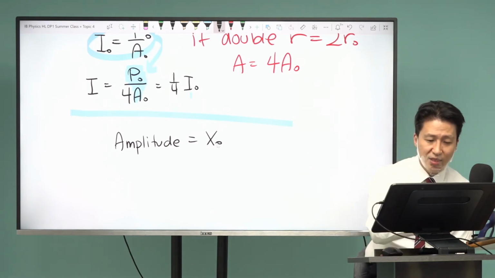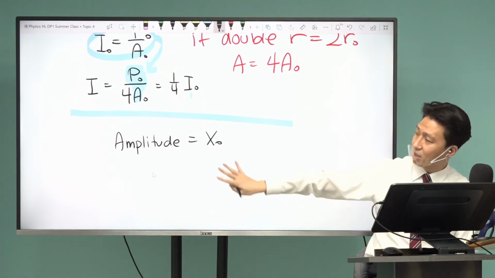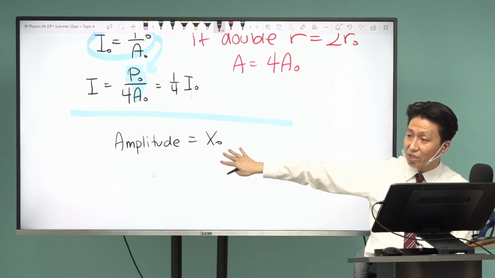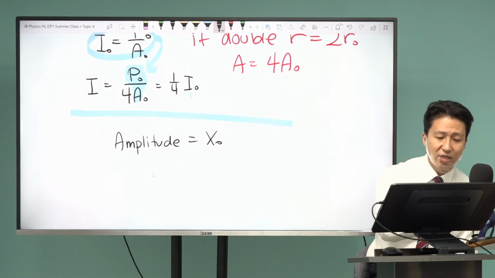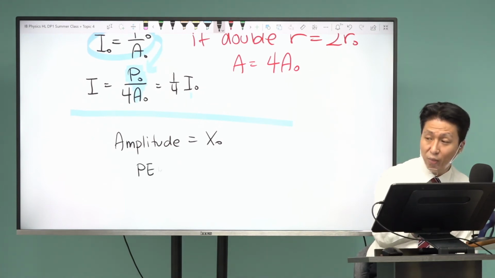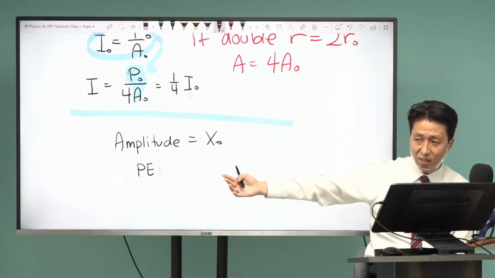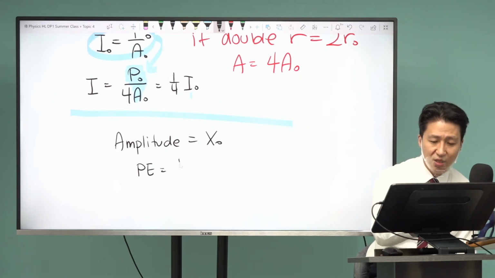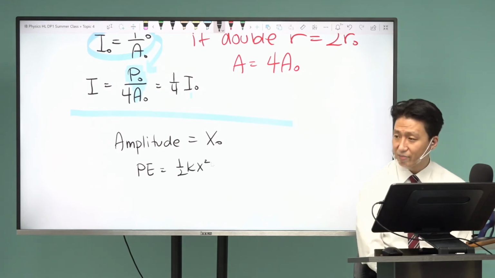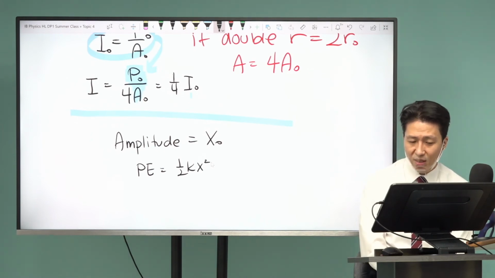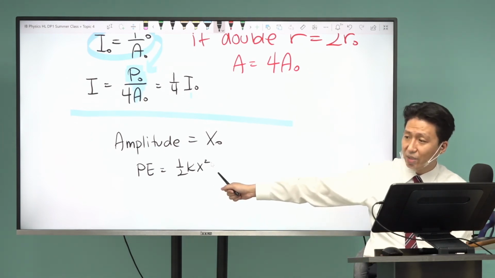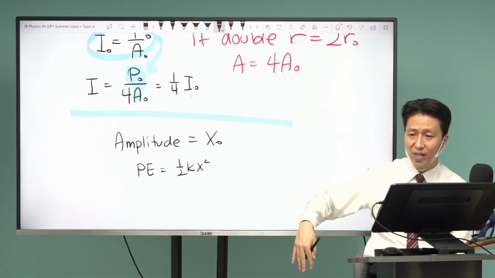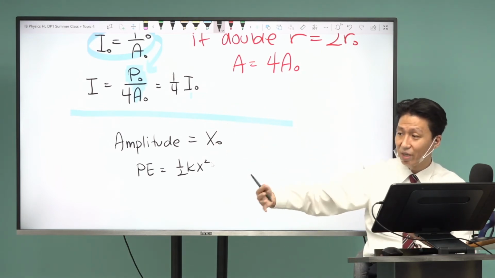This means that if the amplitude changes, we know that the energy changes, right? And again, the equation for the potential energy stored in an oscillating object is going to be 1/2 kx squared, right? But this is for just one object. But remember, the waves are just a whole collection of a lot of objects, right?